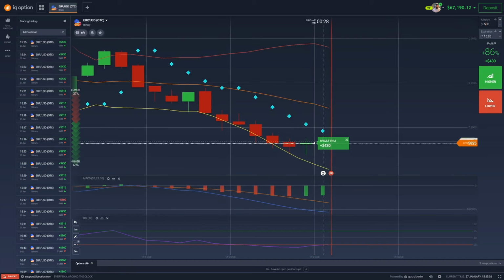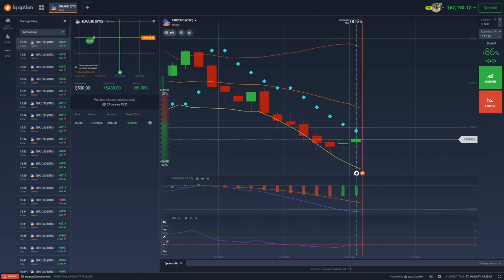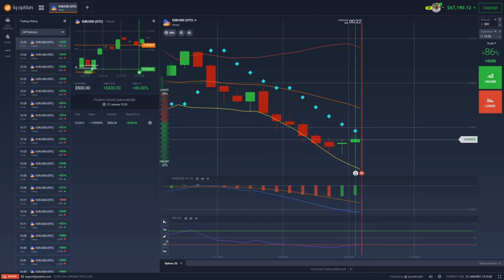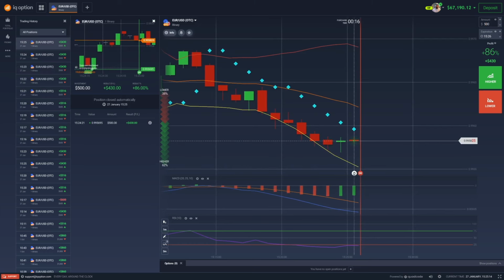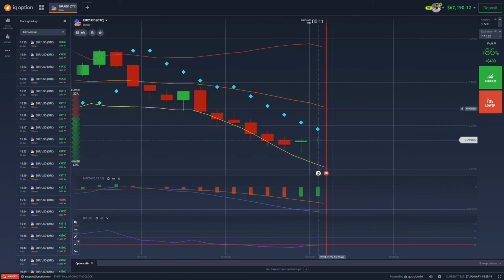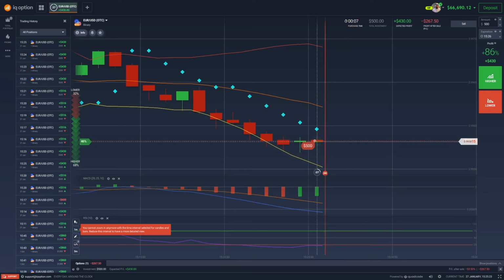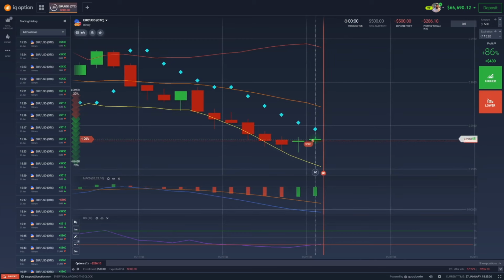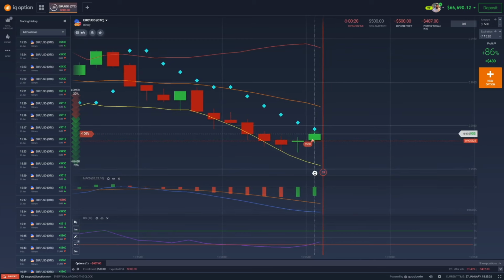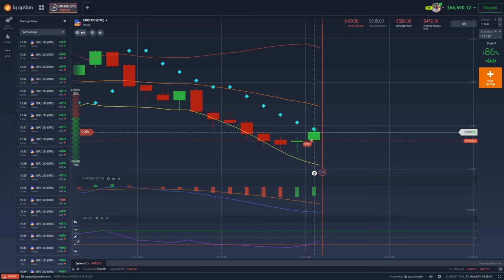Yes, $430. This one is clear. Yeah, $430 with 86. See, here is where I get stuck, because the sellers are trying to fake it. Here we are seeing a green candle, right?